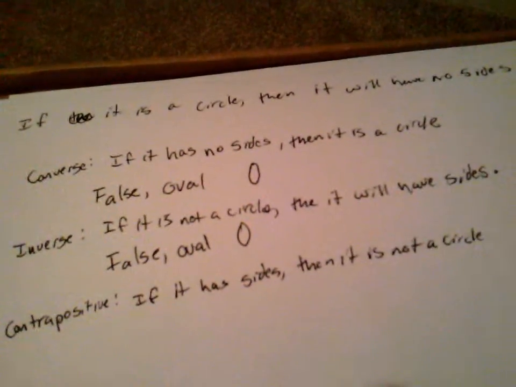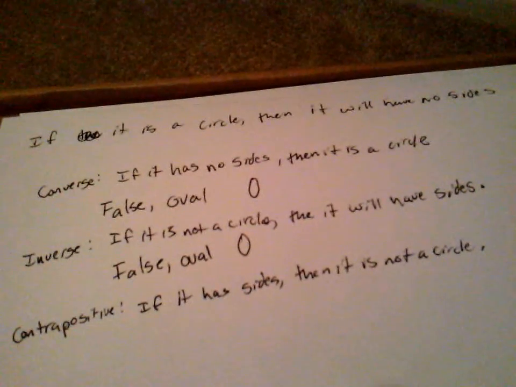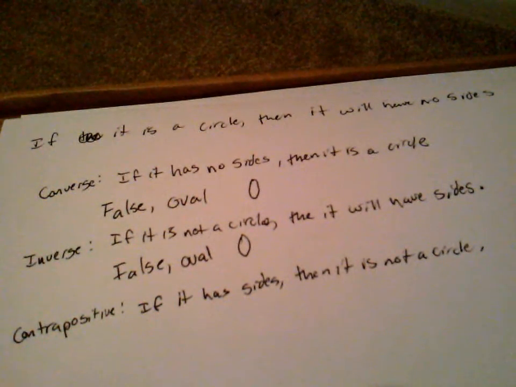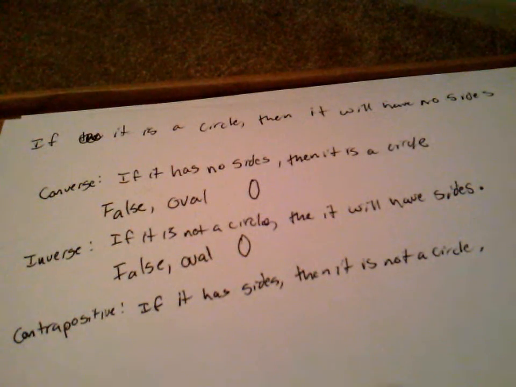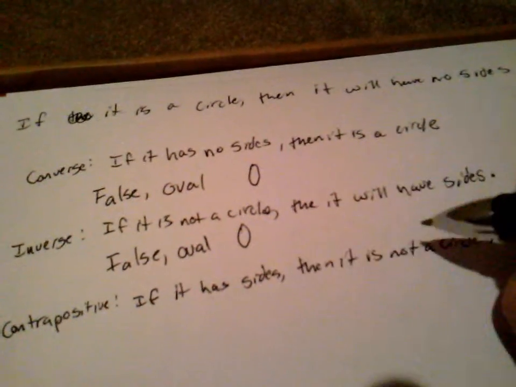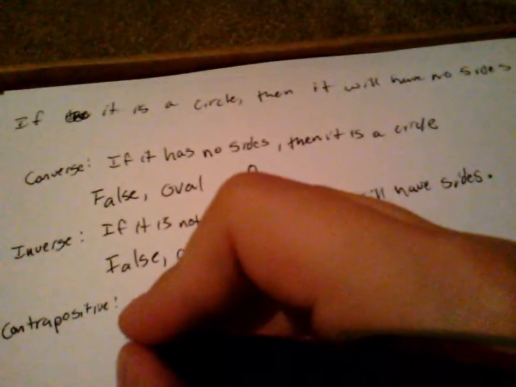Well, that is actually a true statement, because if it has sides, it can't be a circle, because there is no sided figure that creates a circle. So, if it has sides, then it is not a circle, is a true statement.